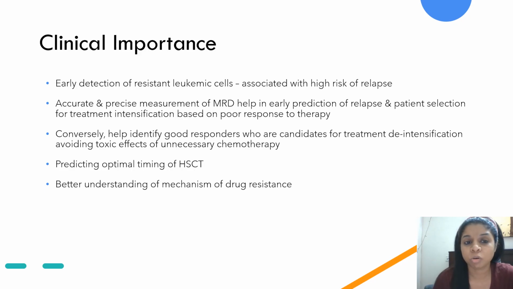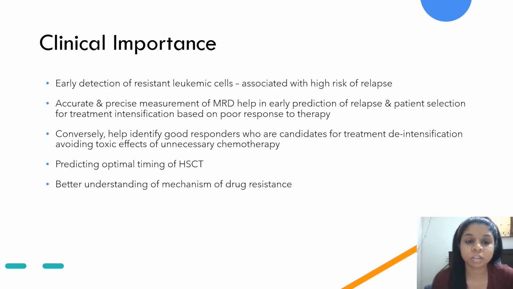When the blast percentage is low, or when there are so many cells which look normal as well as leukemic, then you need precise measurement of MRD to know whether the patient has to be treated. If the patient has residual leukemic cells, there may be a high chance of relapse if we do not intensify the treatment, that is increase the dose of the chemotherapy or change to a higher medication or second line or third line treatment.